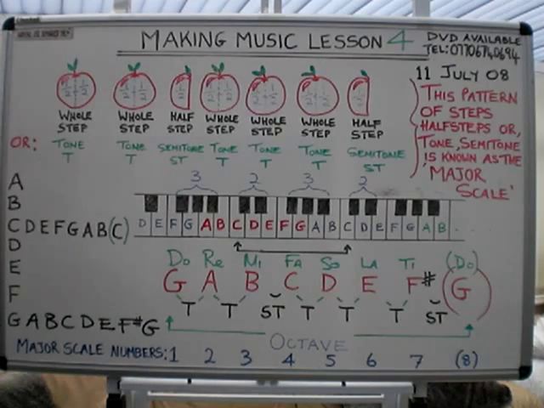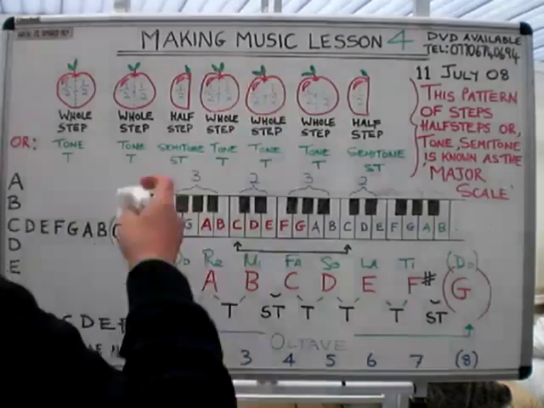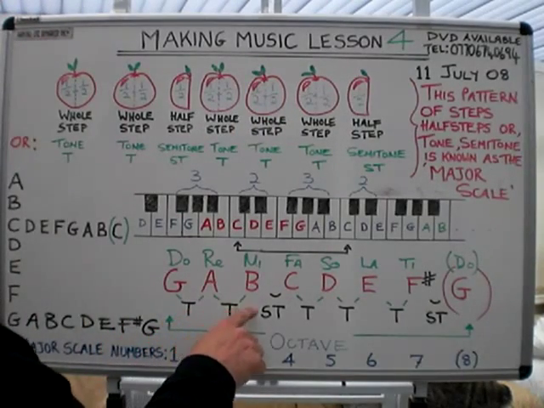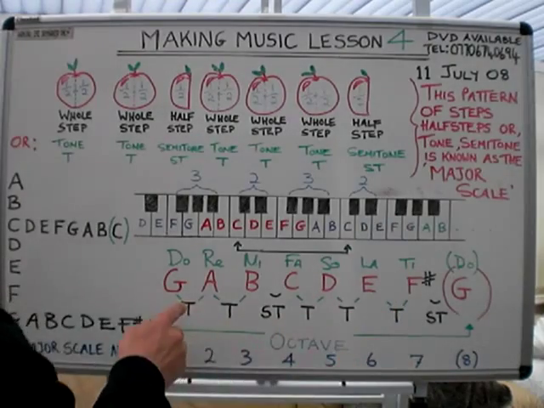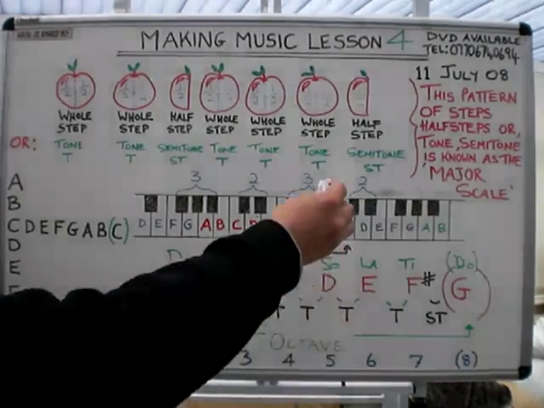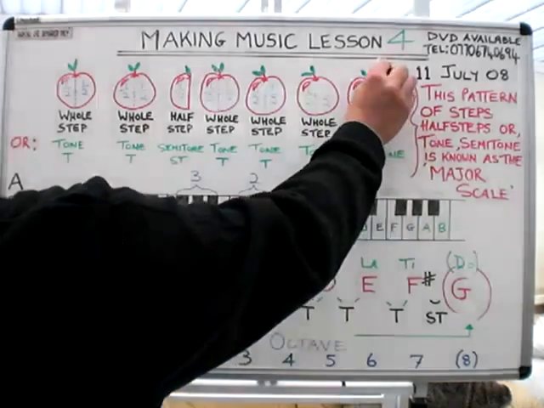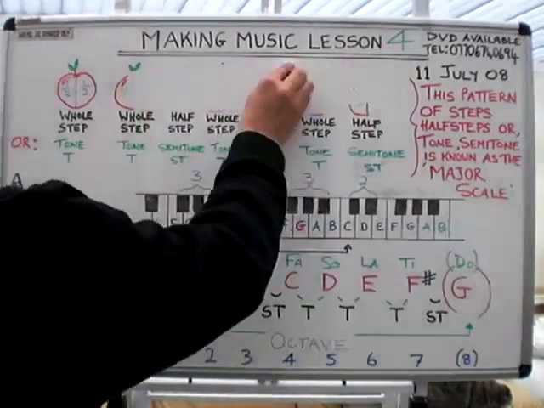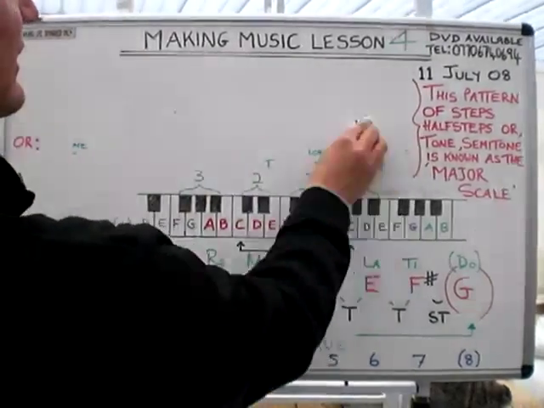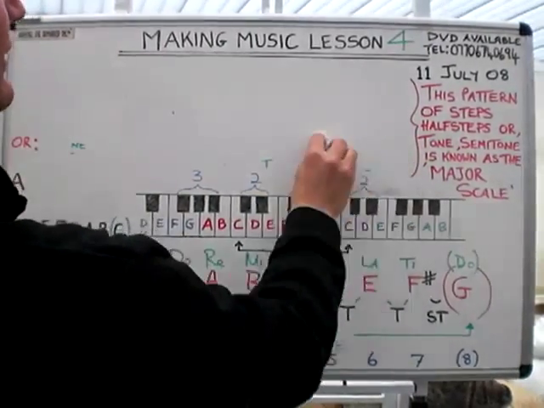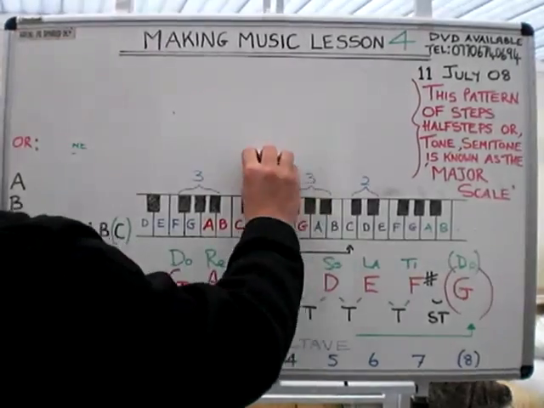Right, next what I want to do is we're going to say goodbye to the apples. We know tone, tone, semitone, tone, tone, tone, semitone structures written out in an abbreviated acronym form. So we're going to say goodbye to here, because I want to be able to write on here or draw on here something for you to learn.